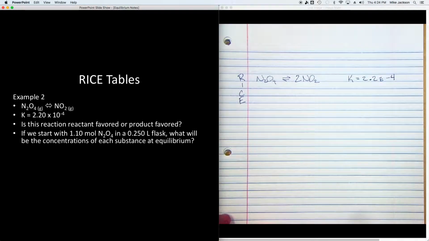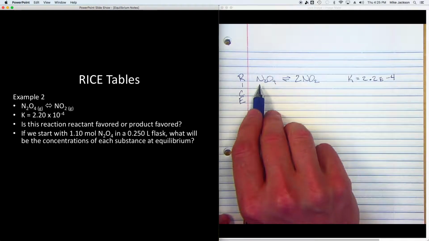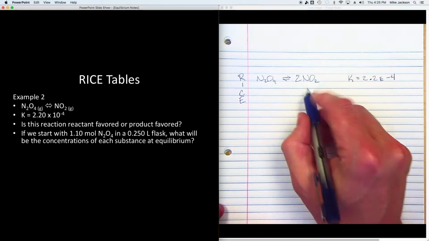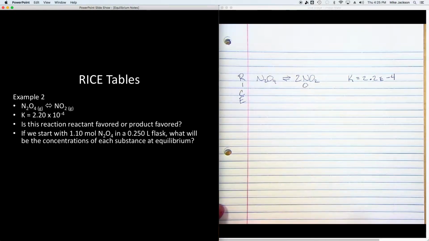Now if we start, and in this case we aren't given molarities, we're given moles and we're given liters, but at this point that is a very easy conversion to do. Initial concentration, we're going to start with N2O4, and according to the problem, we do not start with any NO2. We don't start with any nitrogen dioxide. It's simply going to be the N2O4.